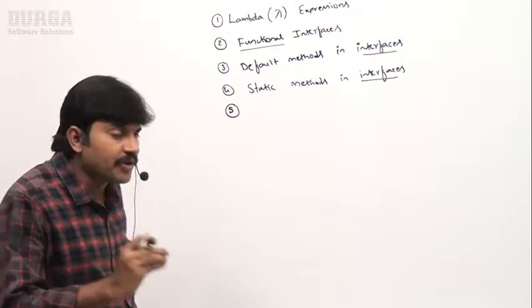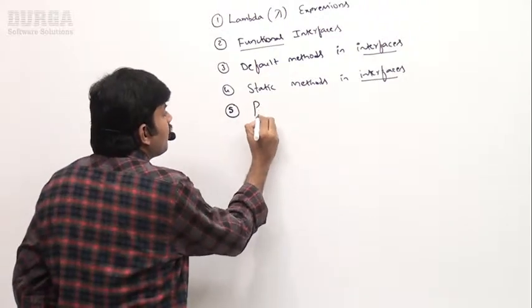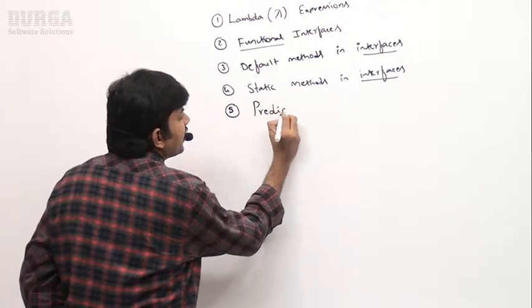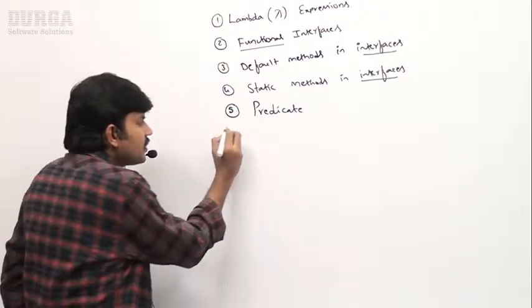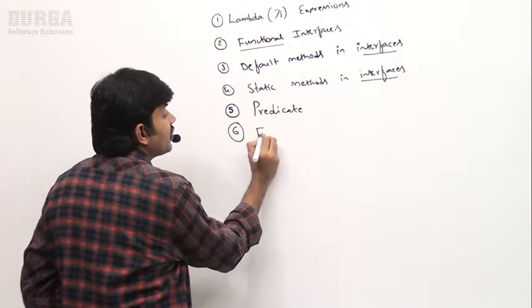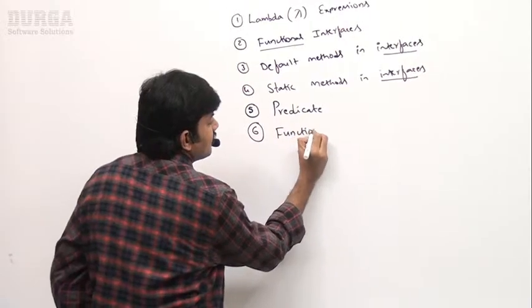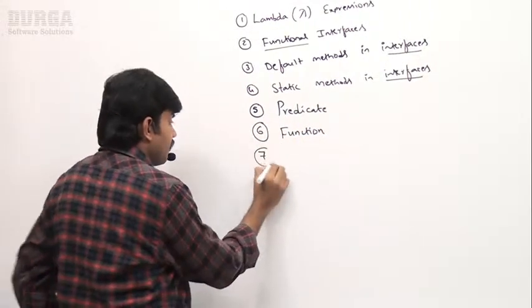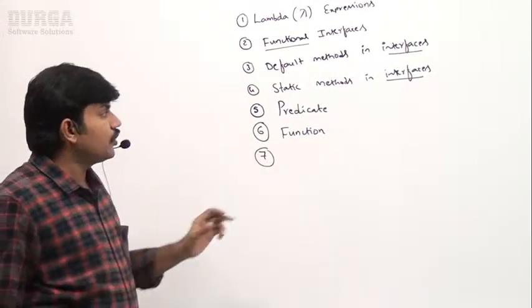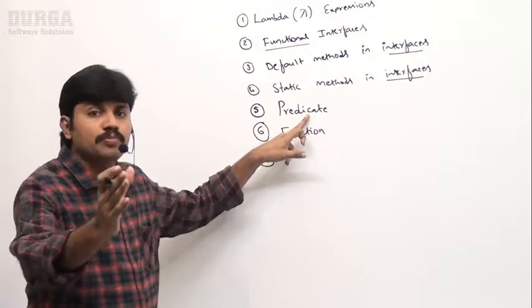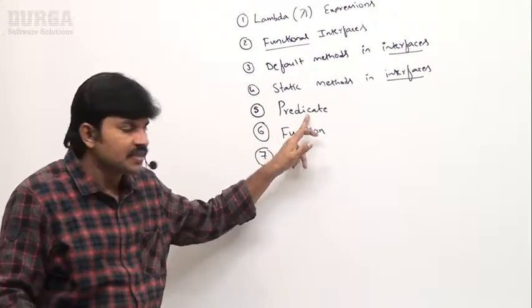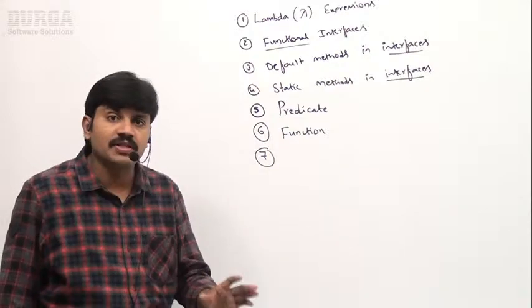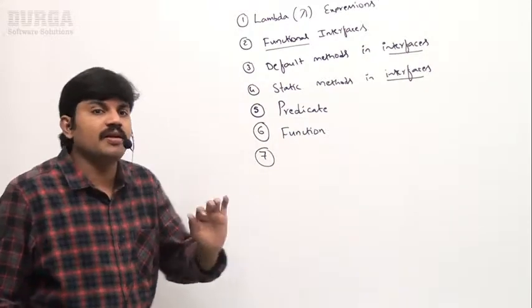Standard predefined functional interfaces: what is the first one? Predicate. Next, the second one, Function. Predicate is a predefined functional interface, and similarly Function is also a predefined functional interface.